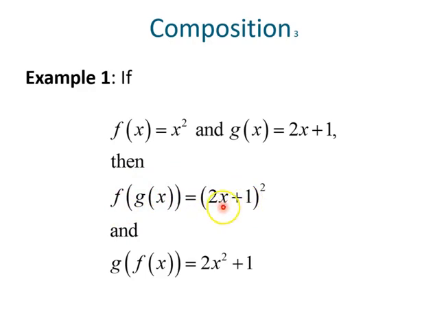We get (2x+1) squared. g∘f is what? Apply first f, you get x squared here, and then apply g, 2x squared plus 1.